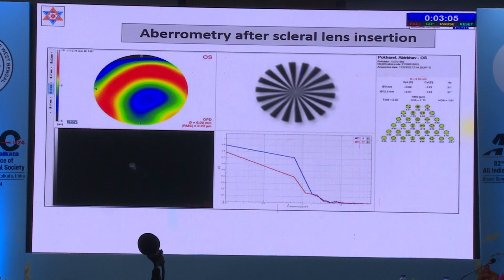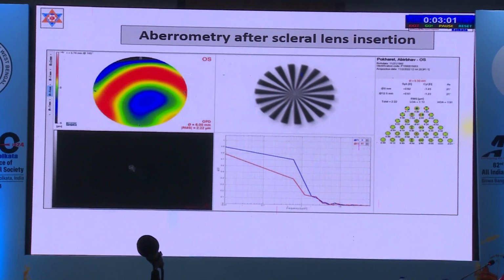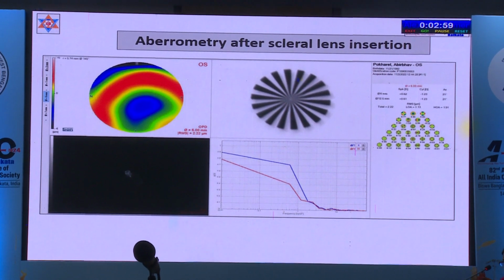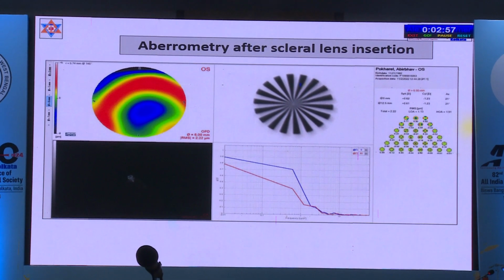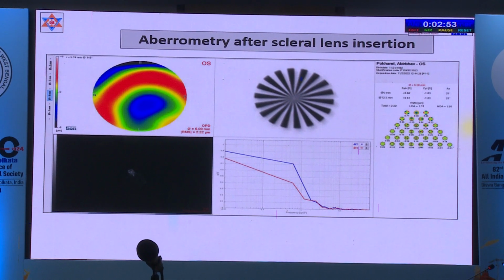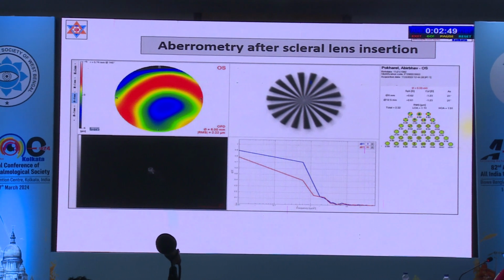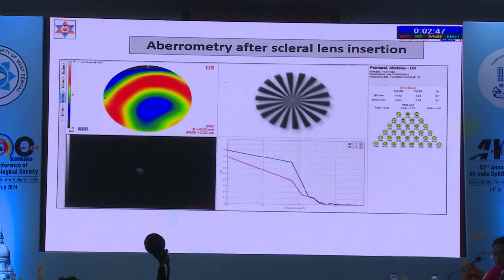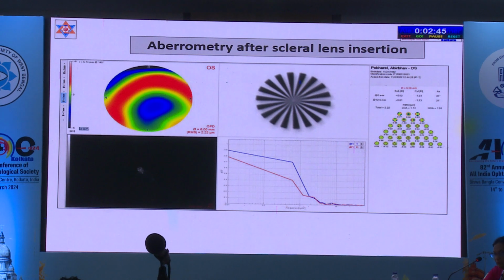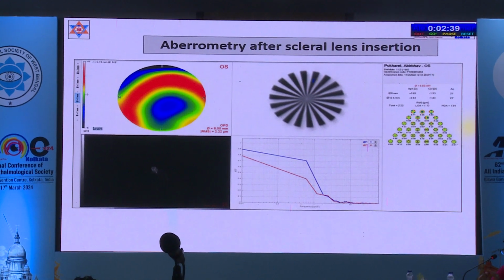It's very important that you correct this, and the visual quality of the patient is very important. Otherwise, his school performance suffers, or most of the time initially I remember they used to be diagnosed as amblyopia, because at that time we didn't have topography or aberrometries. Many times the children will not complain, so we have to ask them, do you have these problems? And these maps are very important.